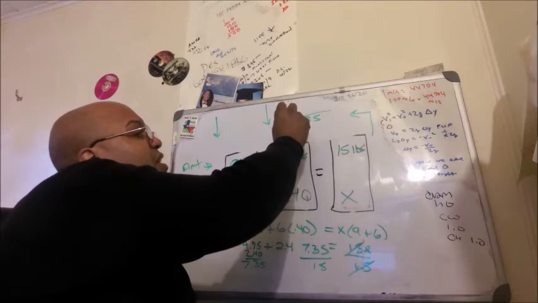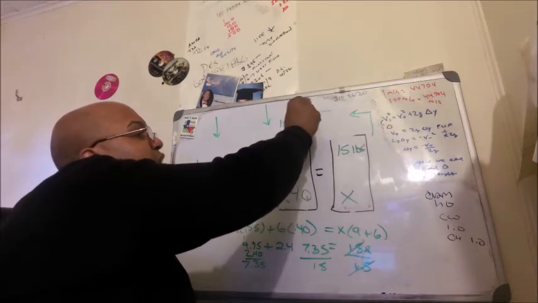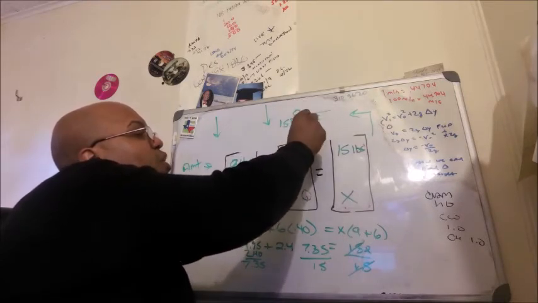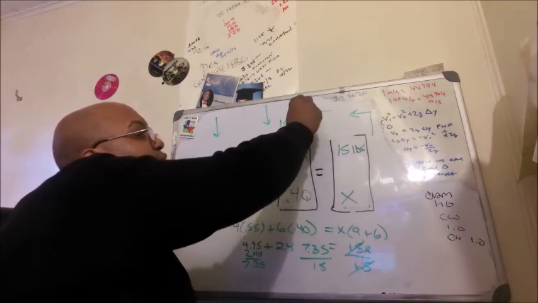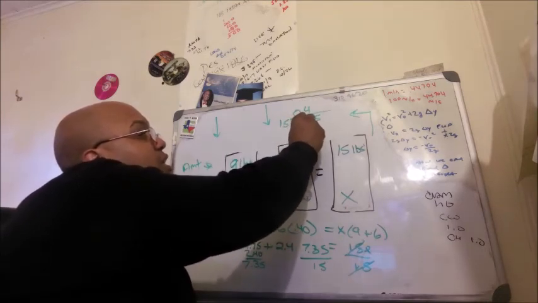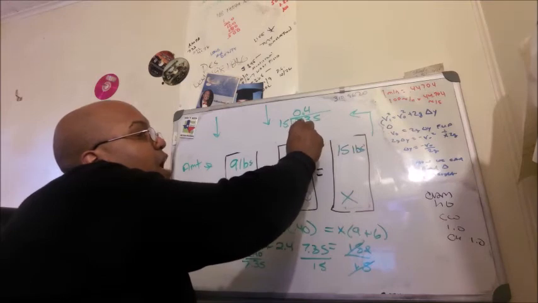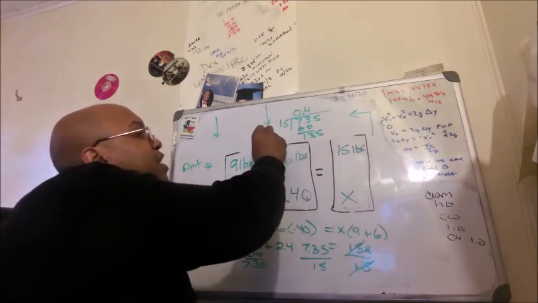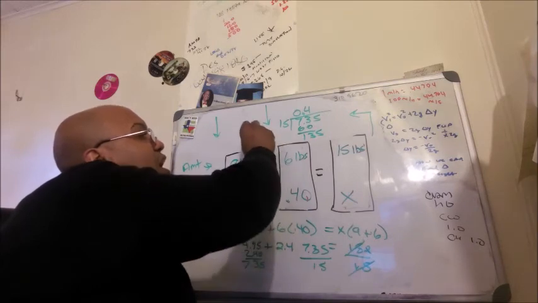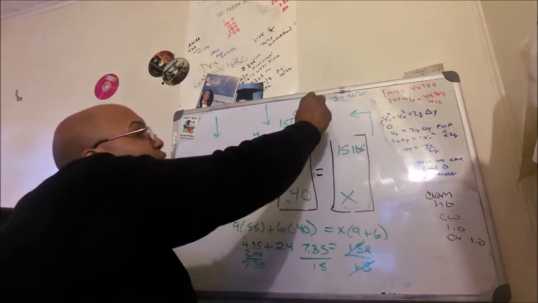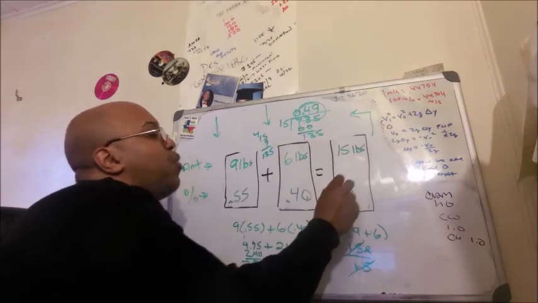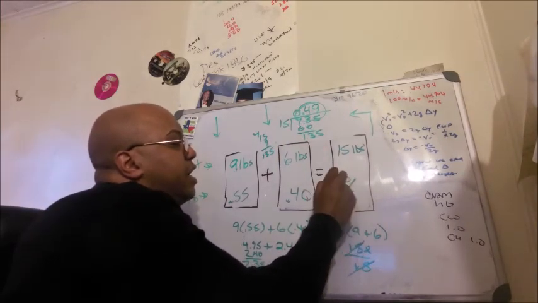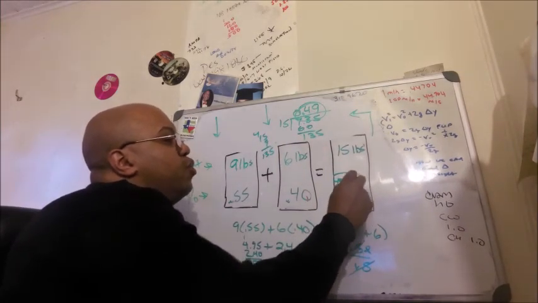So 15 cannot go into 7 decimal, but it can go into 73 4 times. We will have 13 remaining, 133, and then 15 times 9, 135. So 0.49 expressed in percentage is 49%. That is the new mixture.